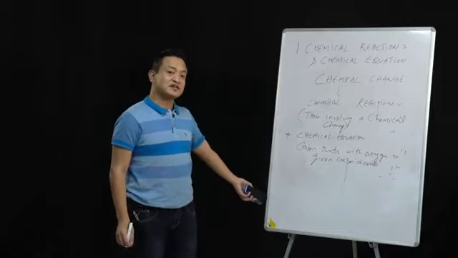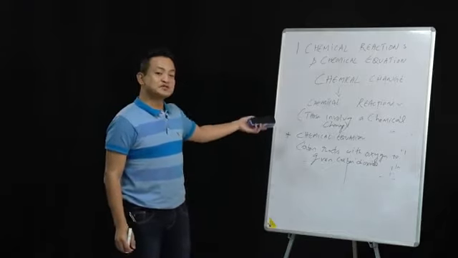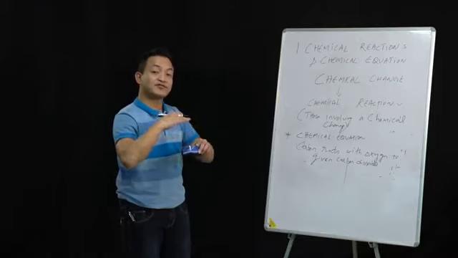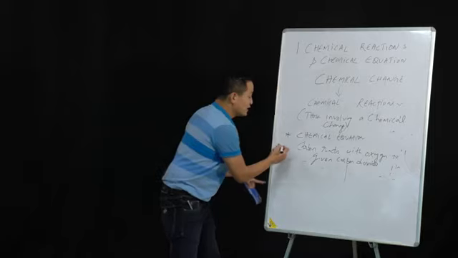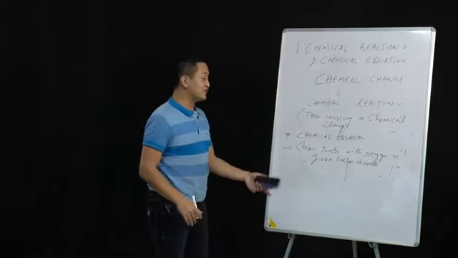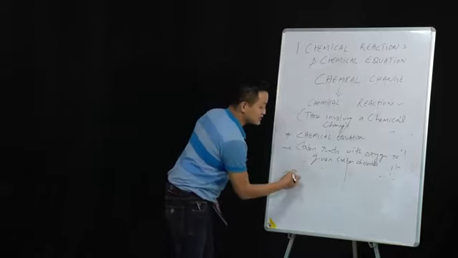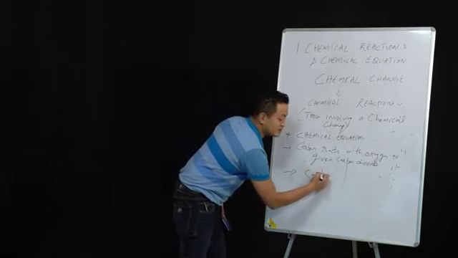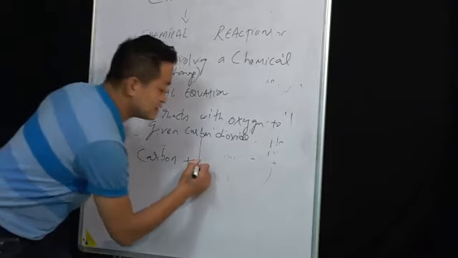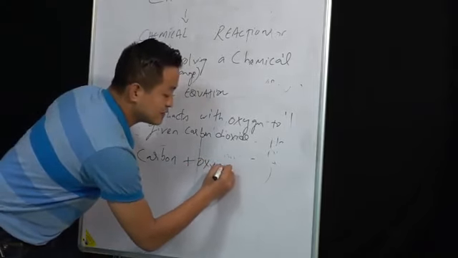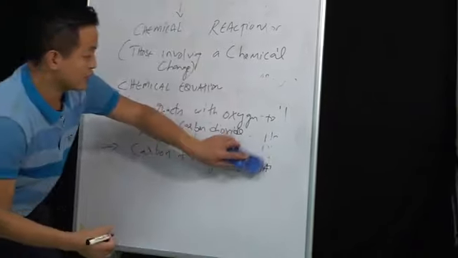But as I have mentioned earlier, in chemistry, we always prefer to write the answer in a simple, short way. So we can simplify this further: carbon plus oxygen gives carbon dioxide.